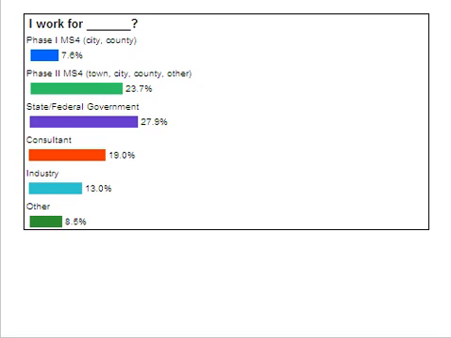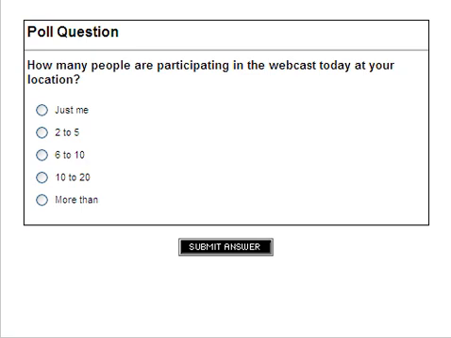The next question is actually very important to us because it really helps us get a better handle on the number of people that are with us. Same routine, choose the answer to the left. We want to find out how many people are in groups out there. First, if you are stuck in your cubicle like Thelma and I are most every day, select Just Me, and then select the answer that best represents your group.